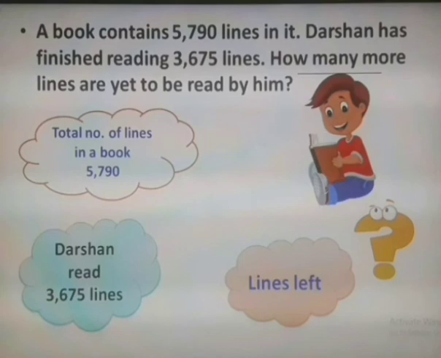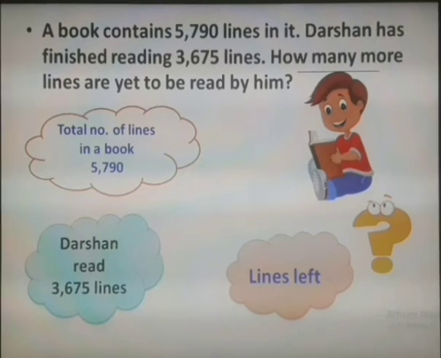Now children, I will give you a task. Now what you have to do in that task? Let us see. So there is a boy whose name is Darshan. So he has a book which contains 5790 lines. And Darshan has finished reading 3675 lines.